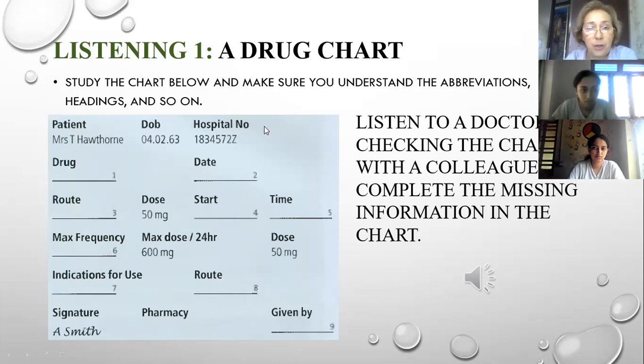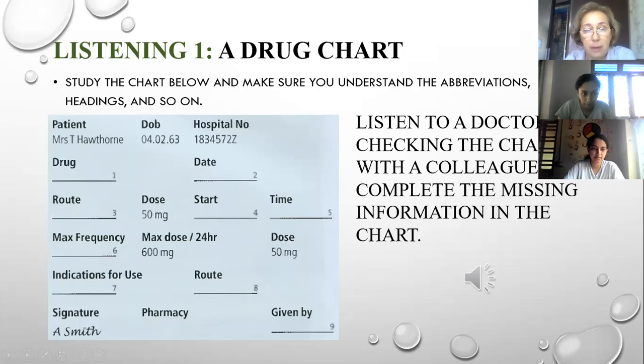Then there is hospital number. Drug. What should we write here in number 1? Which type of drug is used? Yes, the name of the drug. Date. Okay, the date. So the date of the conversation. Yes. Then route. The route of administration of the drug.